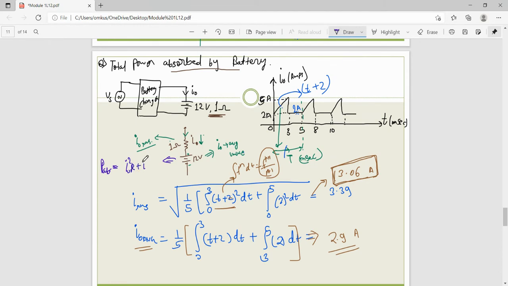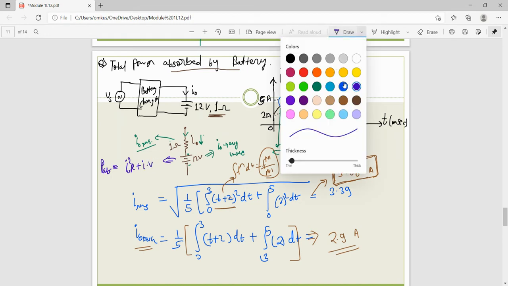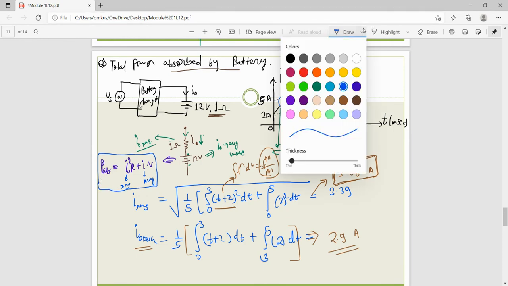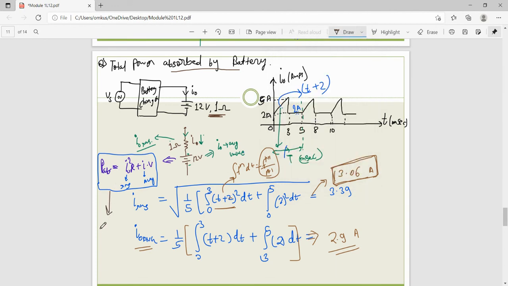VI, or you can say IV. But the difference is that here I is the average value, and this is the RMS value. Now put that value in your power expression and tell me what you will get. Match your answer. The power absorbed is 44 watt.